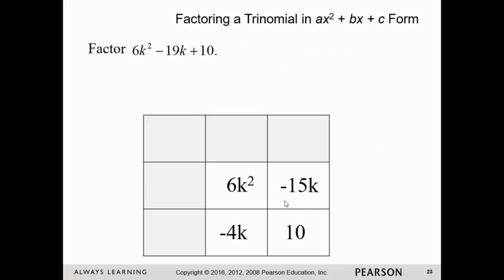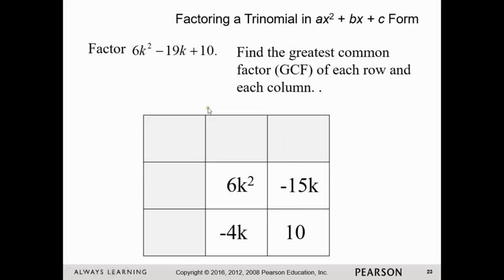So what we're going to do here is find the greatest common factor of each row and each column. Notice in this column here, we took out the greatest common factor between -15k and 10, which is -5.